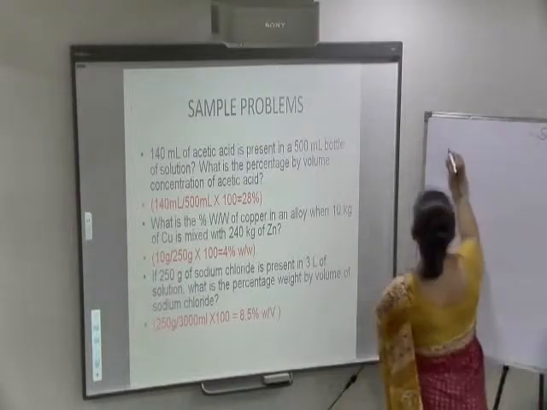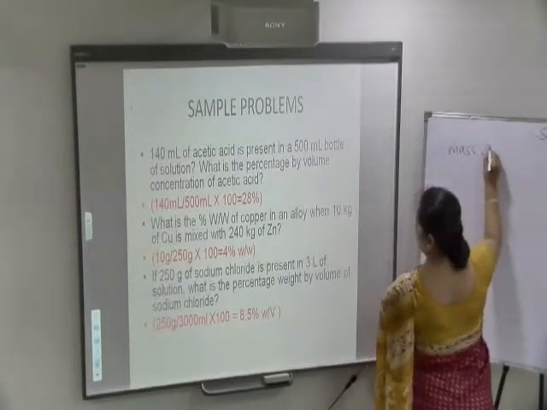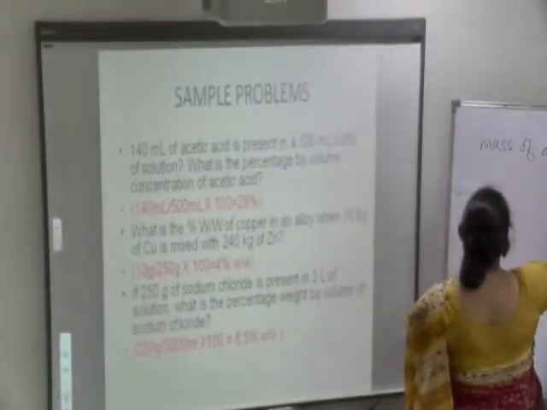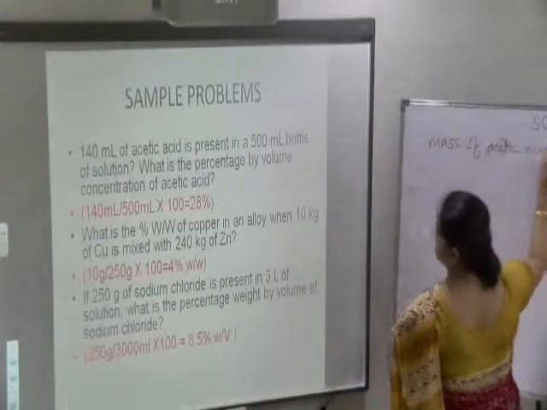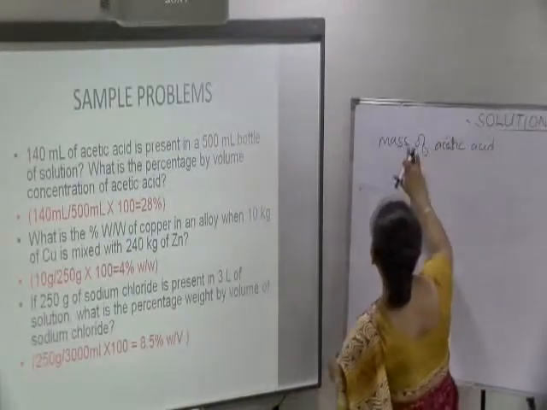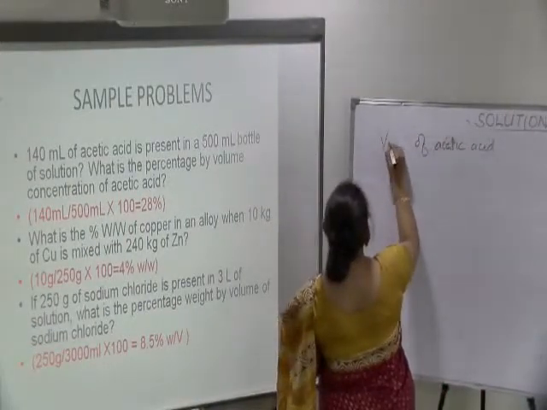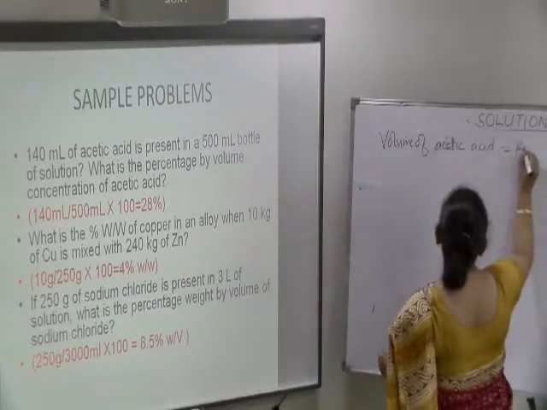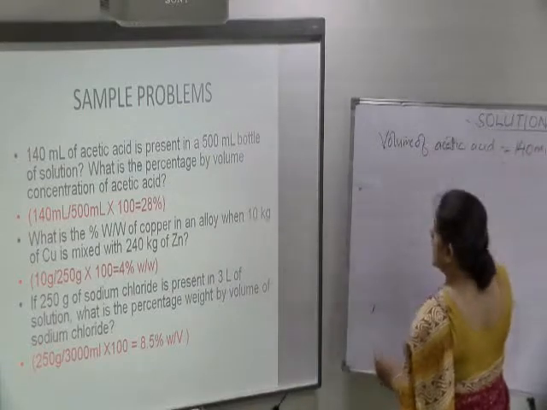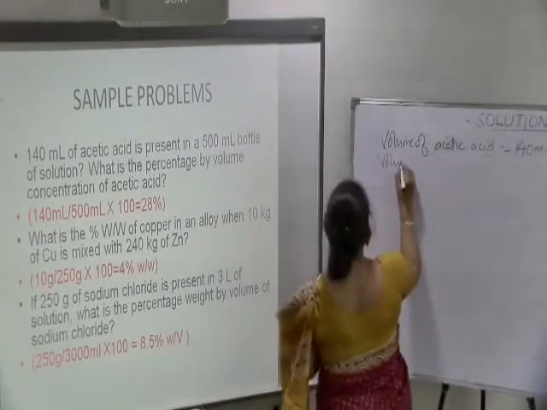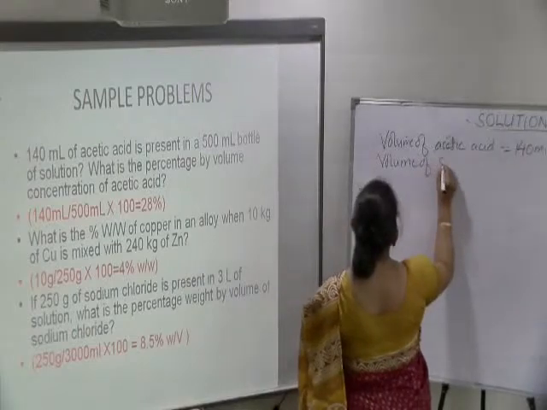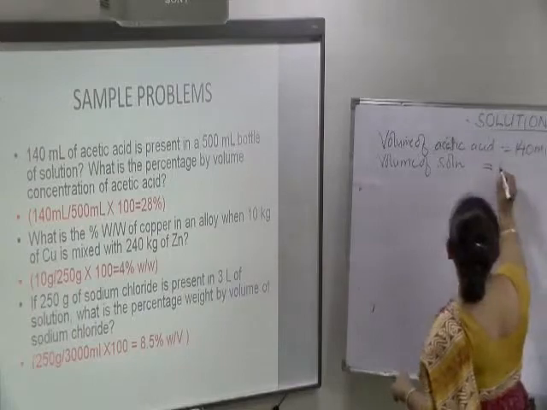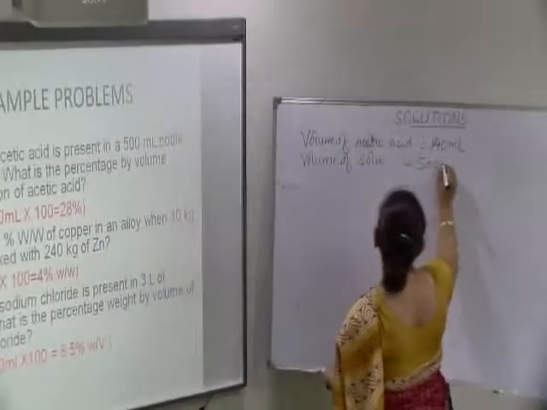The volume given over here, the volume of acetic acid, is 140 ml, and the volume of overall solution formed by mixing acetic acid is 500 ml.